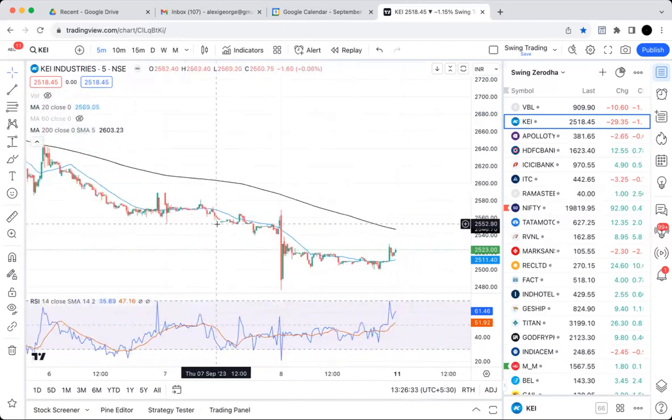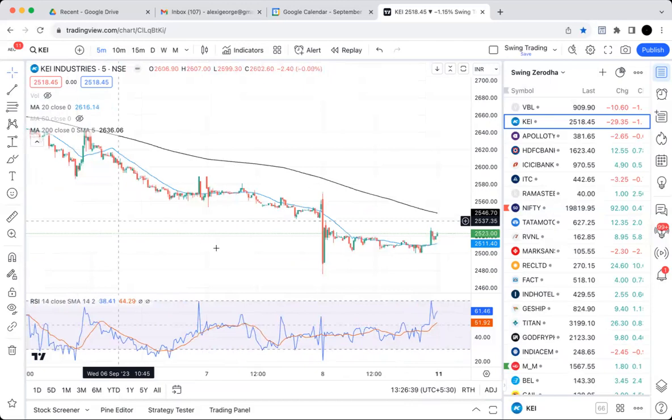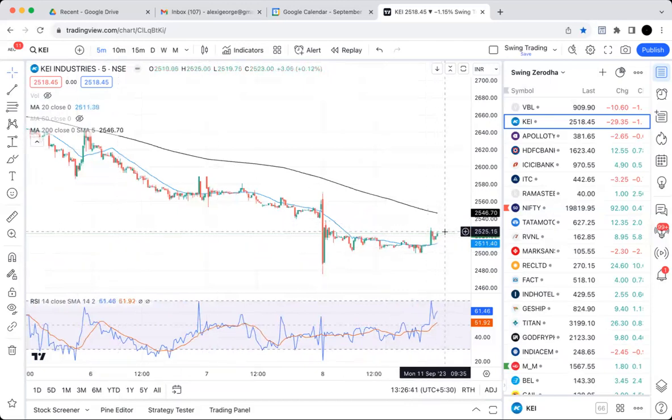That's why it was moving a bit like a slow motion movie or something. Okay, so here I would not enter, because the 20 period moving average is moving down in a kind of steep incline. So even if the price goes up, the 20 is also coming down. So it's going to be a quick resistance right there.